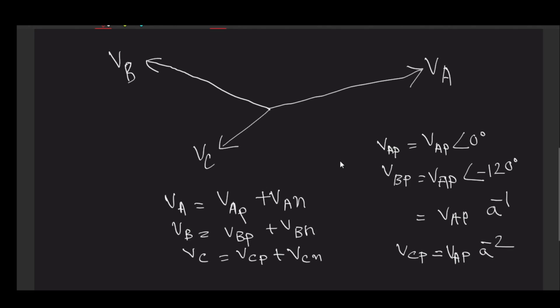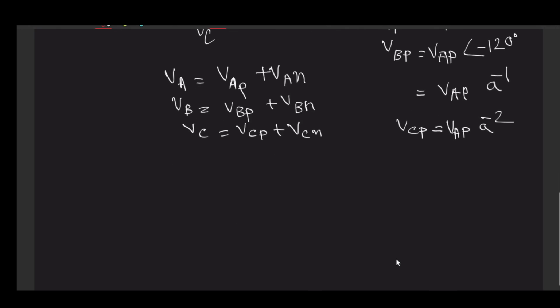So if you are curious about A inverse, then you can write it as cos 120 degree minus j sin 120 degree, and then you will find that this is our A inverse, right?